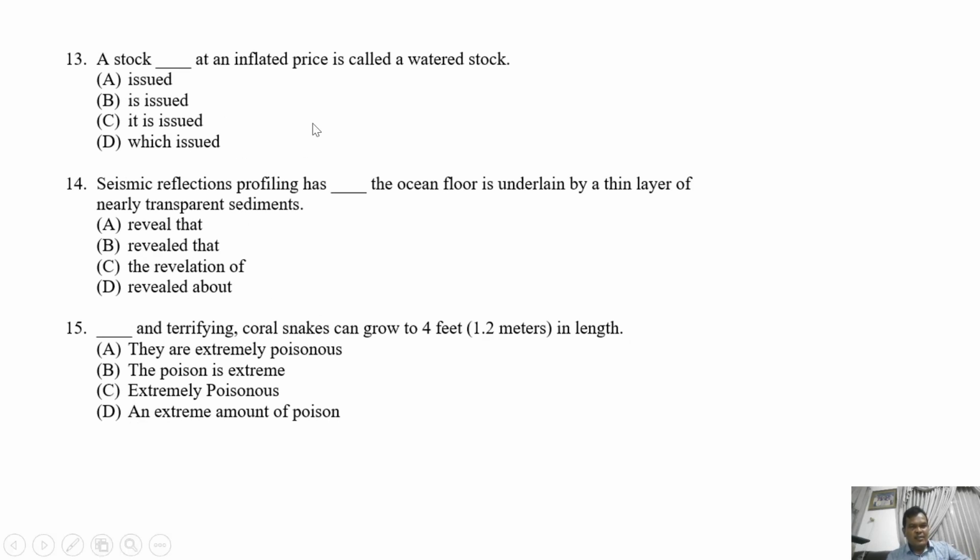Okay, we still have 3 more questions. Now, question number 13, you see that we have here a predicate, we have here a subject. It means that we don't need a predicate anymore. And you see that the one without a predicate is option A, issued, that is a verb 3. Very easy. Number 14, we already have here has as the predicate and is as the second predicate.